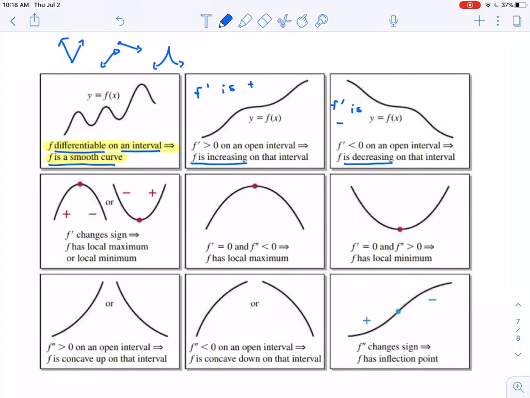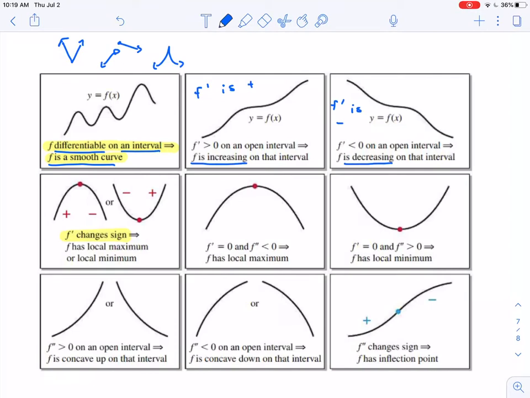But generally, if we have a change in sign, say from positive to negative, then we will have a local maximum. Or if I change from negative to positive, in that case, I would have a local minimum. So those local extrema will always occur whenever we have a sign change in our derivative. That's what we're looking out for.